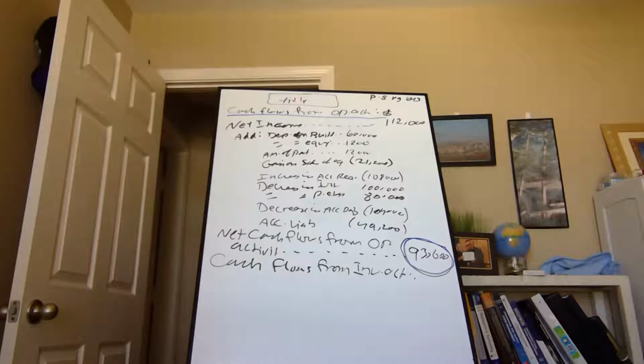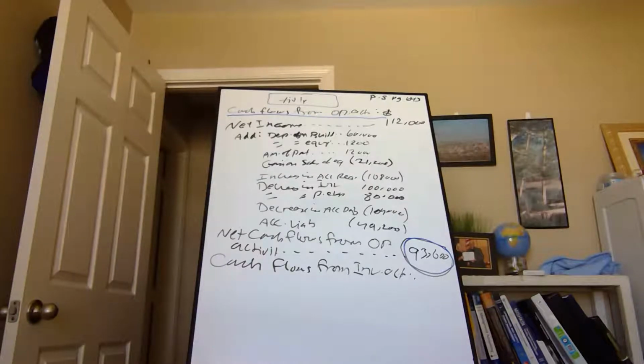21. Sorry, what was it then? Equipment cost 54,000 with accumulated depreciation of 50,000. So 54,000 minus 50,000, that will give us 4,000 as book value. As book value, we sold it for 21,200. Okay, sold it for 21,200.